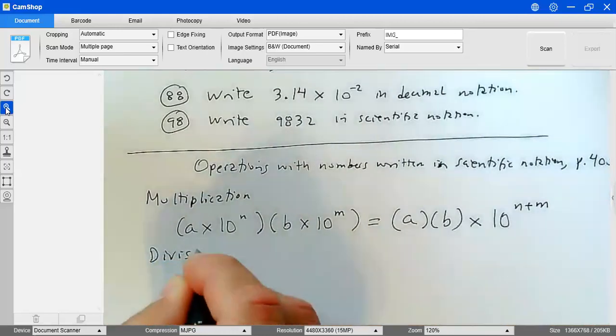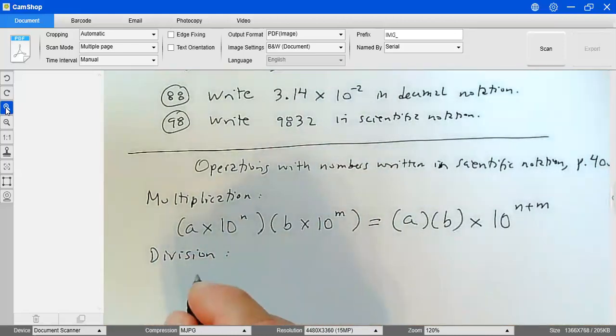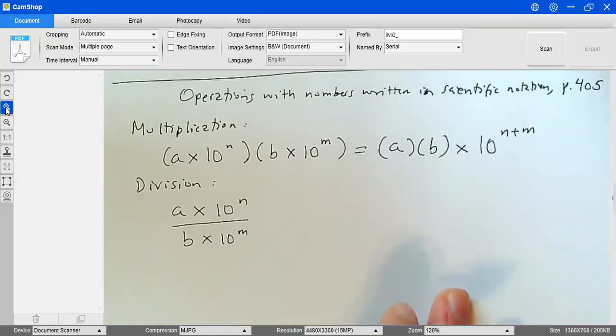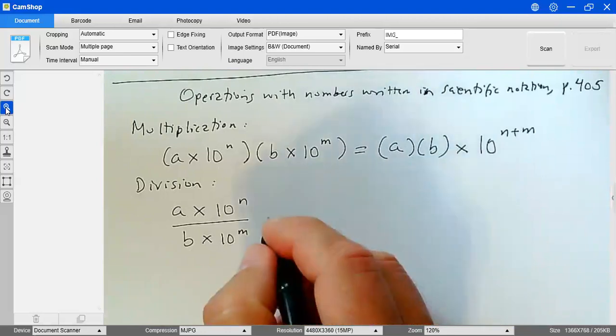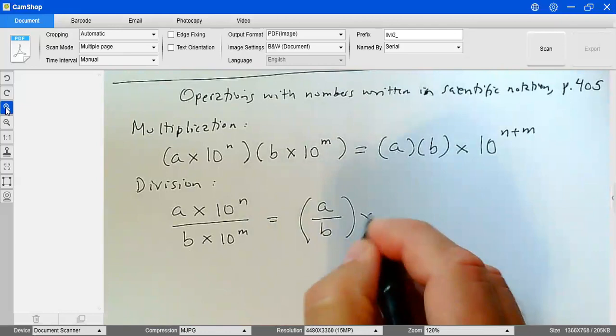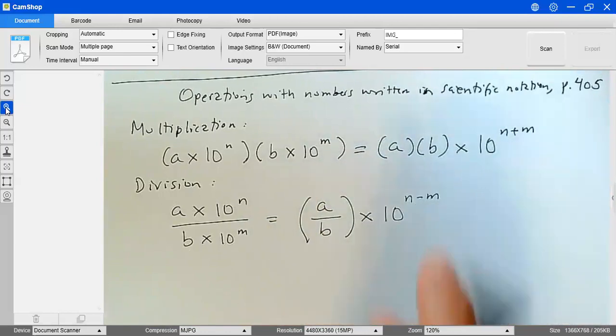For division, we're going to get, for example, a times 10 to the n over b times 10 to the m. In this case, we're going to divide mantissas, so a over b times 10 to the n minus m.